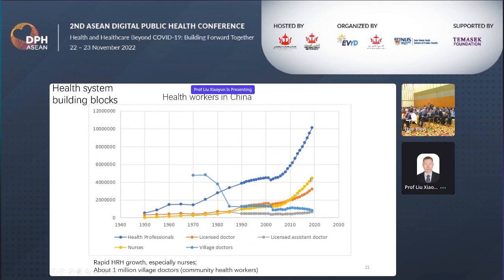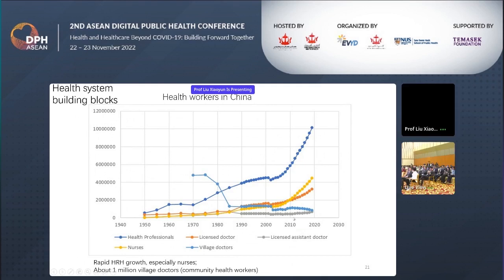In the Chinese health system, we usually have a shortage of nurses, a lower number of nurses than doctors, which is the orange line. But in about 2012, we had more nurses than doctors in history. This is mainly due to the expanding education program on the nursing workforce.